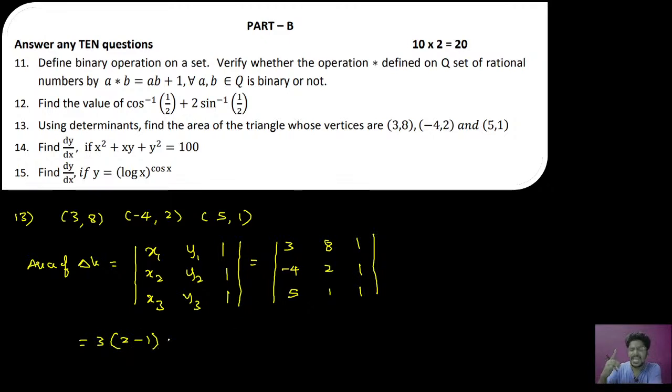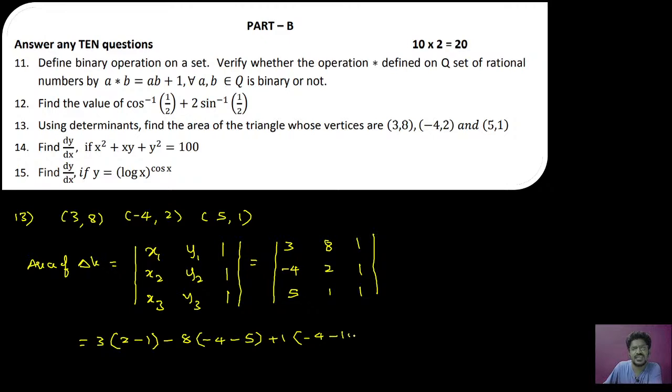As soon as you complete this, write the minus sign. Then 8 times (minus 4 into 1 is minus 4, minus 5 into 1 is 5), plus 1 times (minus 4 into 1 is minus 4, 5 into 2 is 10).